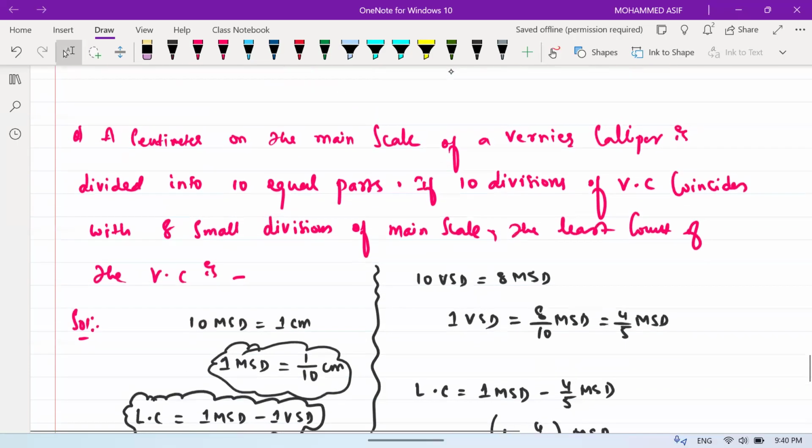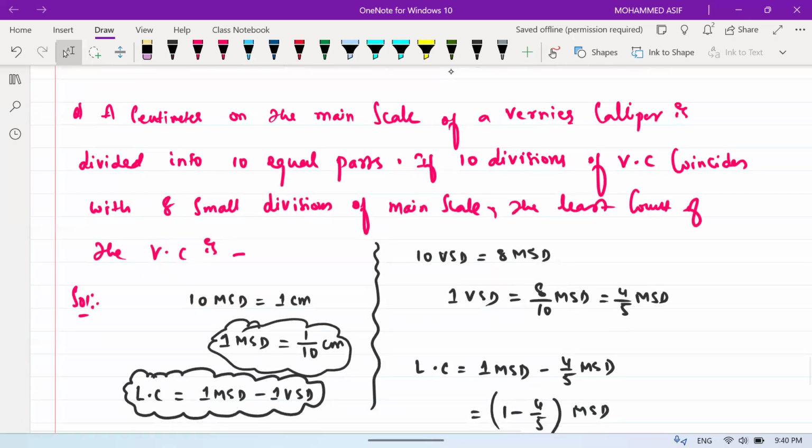Check it once again. A centimeter on the main scale of the vernier caliper is divided into 10 equal parts. If 10 divisions of the vernier coincide with 8 small divisions on the main scale, then the least count of the vernier caliper is how much? Given in the condition, 10 MSD is equal to 1 centimeter, therefore 1 MSD is equal to 1 by 10. The least count formula is least count equals 1 MSD minus 1 VSD.